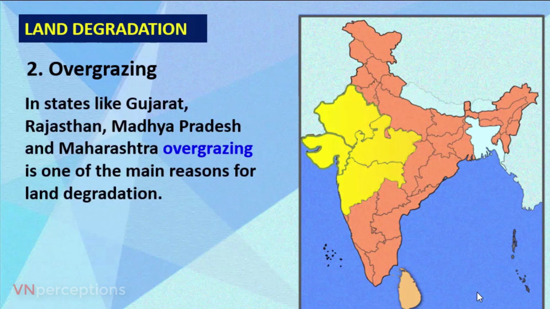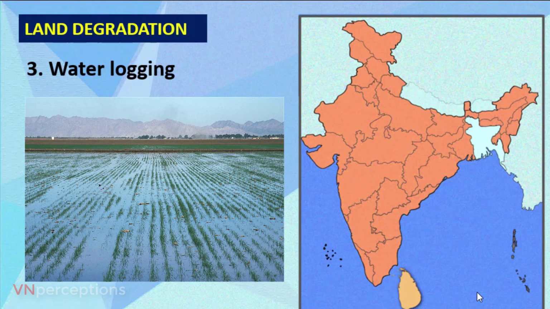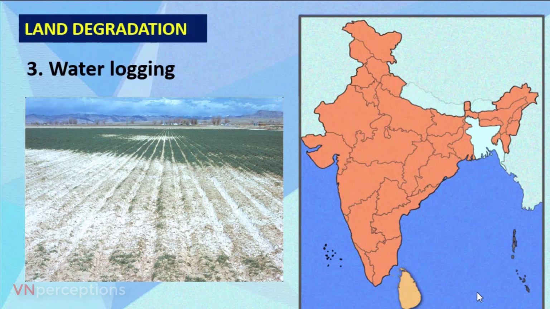Then it is waterlogging. Waterlogging we have already discussed. Whenever there is excess water in the agricultural land, the water goes into the subsoil and mixes up with the salt. Later on, due to evaporation, the same groundwater comes up with the salt and finally leaves the salt on the upper layer of the soil and water evaporates, changing the land into saline or alkaline lands, which is unfit for agriculture.